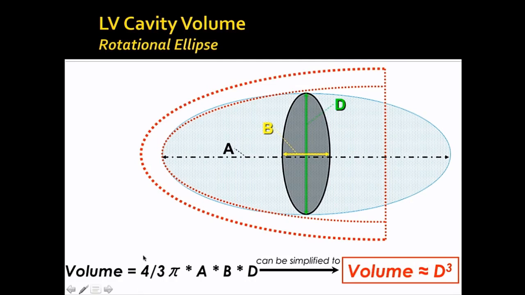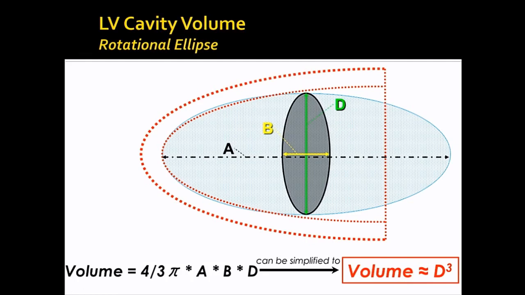And basically, it calculates a volume of a rotational ellipse where the diameter B and the diameter D are the same length, and A is considered to be about 2 times that of D. And so when you plug all of those into a volumetric equation, the volume can be simplified down to being approximately equal to D cubed.